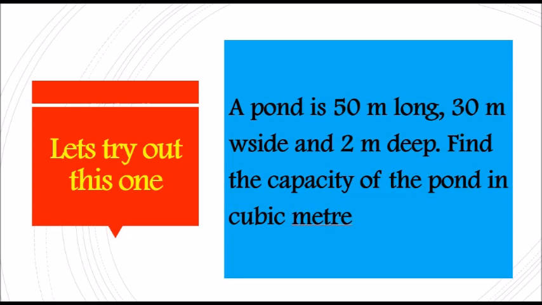They have given us the length as the first one. The second one, the width, can be your breadth, and the depth can be your height. So just multiply them and you get the cubic meters, the capacity of the pond.